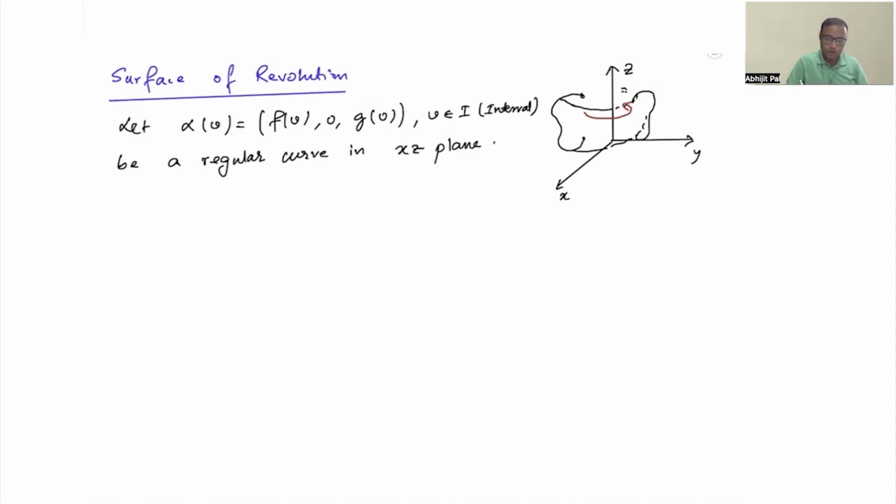Also assume that this alpha is simple. That is, if I restrict this alpha to the interior of I, then it is an injective map.